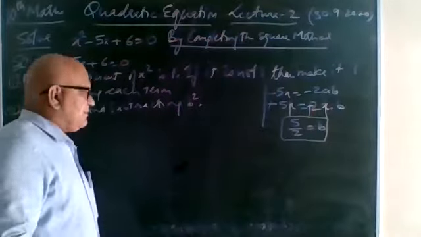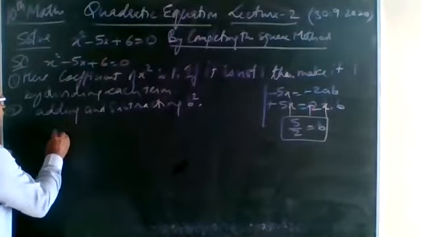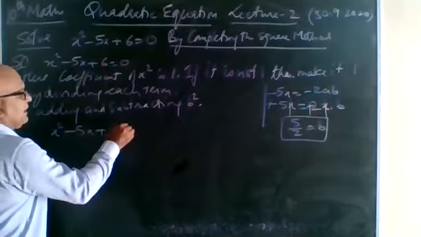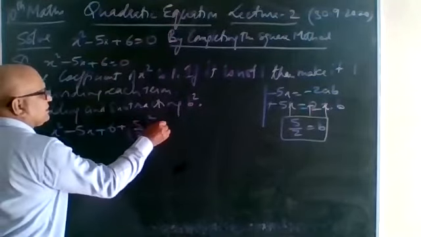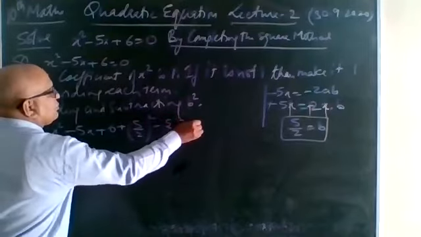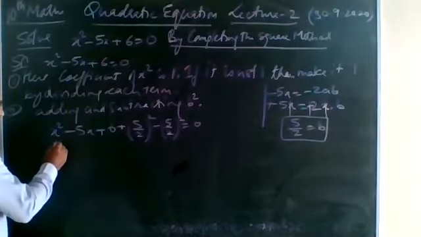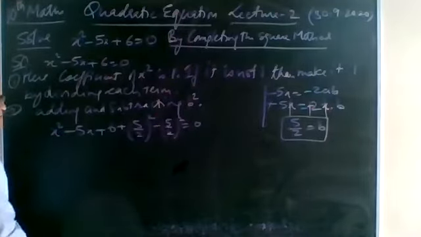After that, x square minus 5x plus 6 plus 5 by 2 whole square minus 5 by 2 whole square equal to 0. This is the condition after adding and subtracting.